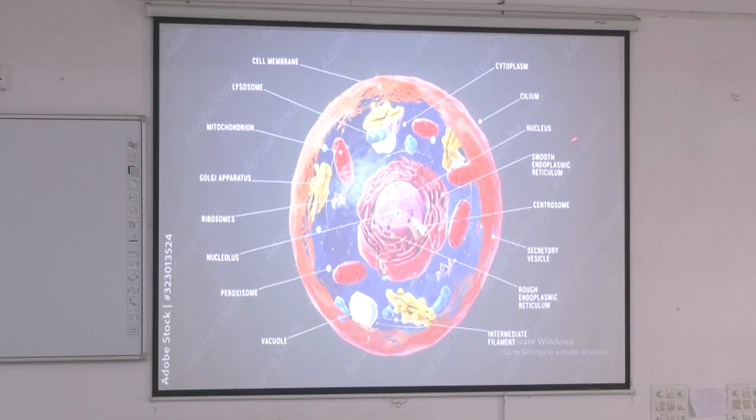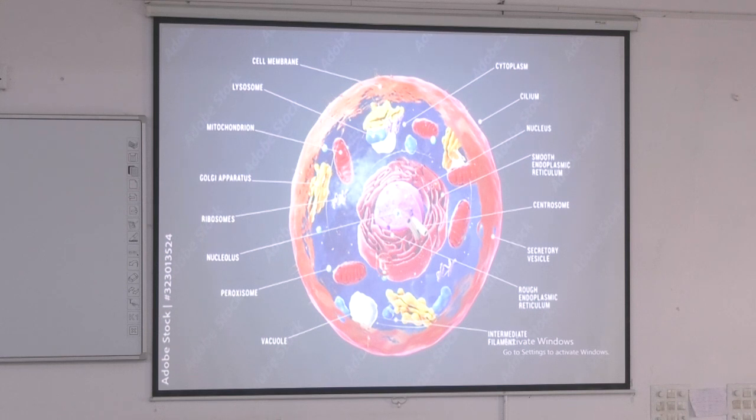Mitochondria, smooth endoplasmic reticulum, nucleus. What is the function of the nucleus? It is a repository of genetic material. It contains DNA and RNA. It carries out a very important process, that is the central dogma. It is not metabolic, but it is a process for the synthesis of proteins.